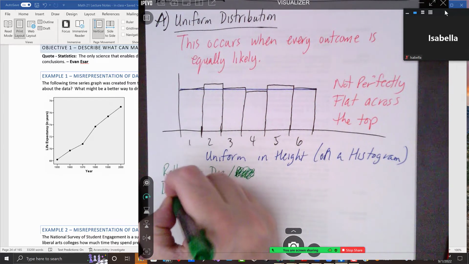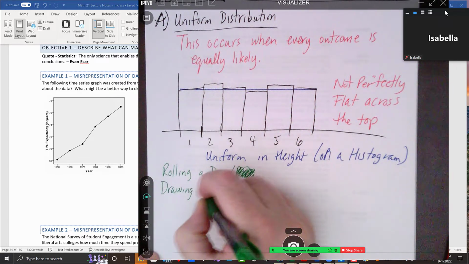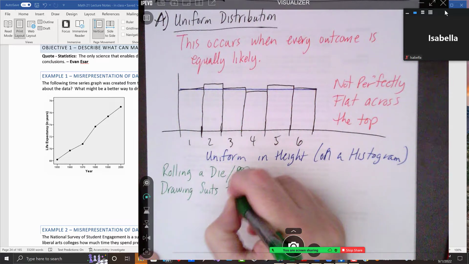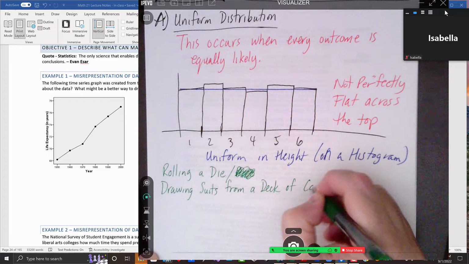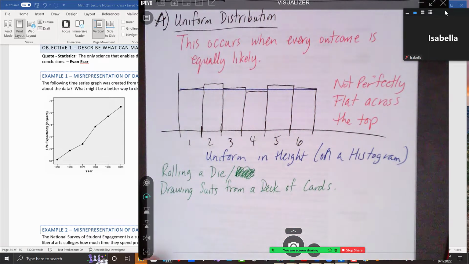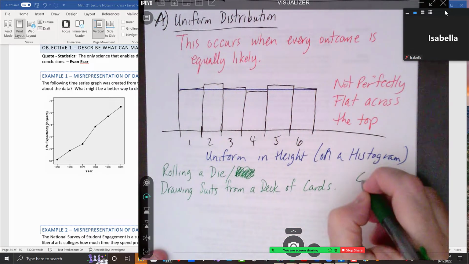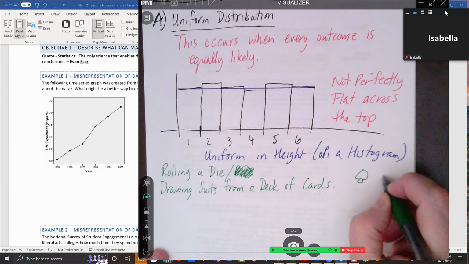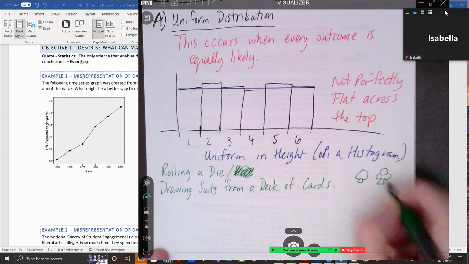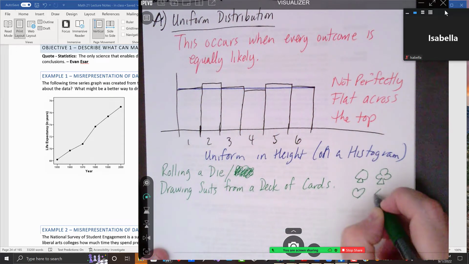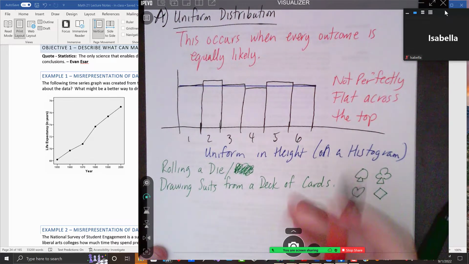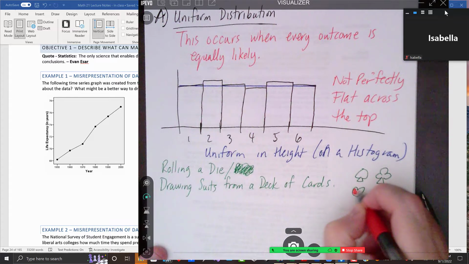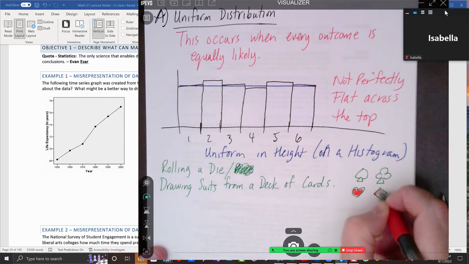Drawing suits from a deck of cards. In cards, there are 4 suits: the spade, the club, the heart, and the diamond. These 2 are red. Hearts and diamonds are red.